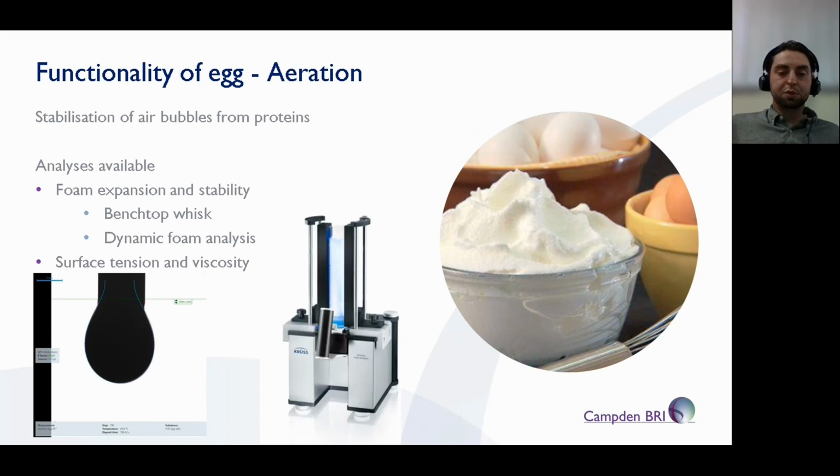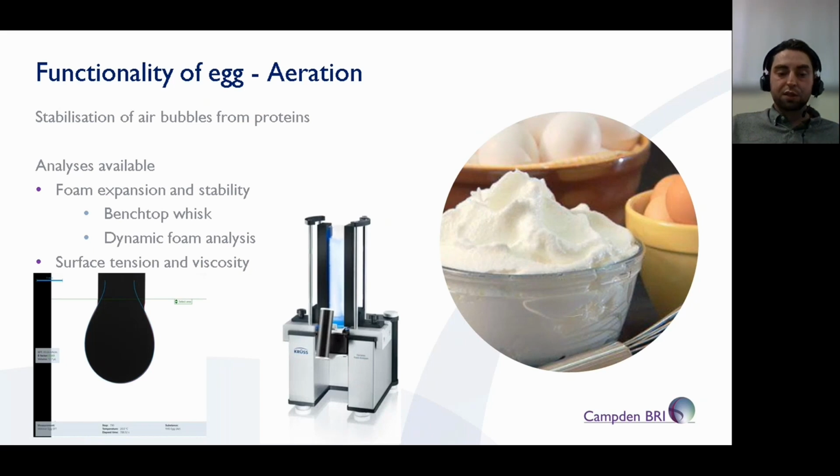Now, the fundamental measurements of aeration are important and can be analysed as well. So aeration works on reducing the surface tension of water. It's very hard to whip water, but when you add surface active molecules like albumins, you can reduce the surface tension and create surfaces, i.e. bubbles.